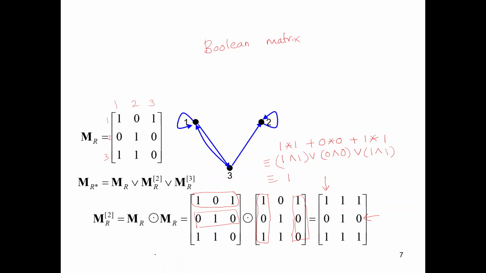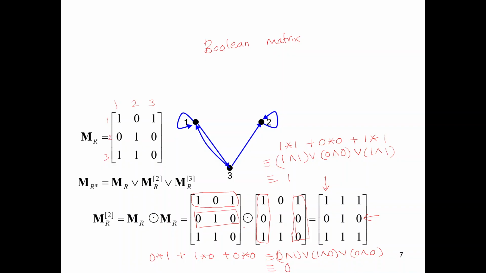So this is 0 into 1 plus 1 into 0 plus 0 into 0. And in terms of Boolean logic, it is 0 and 1, or 1 and 0, or 0 and 0. So ultimately it comes out to false or 0, which is the entry that we get over here.